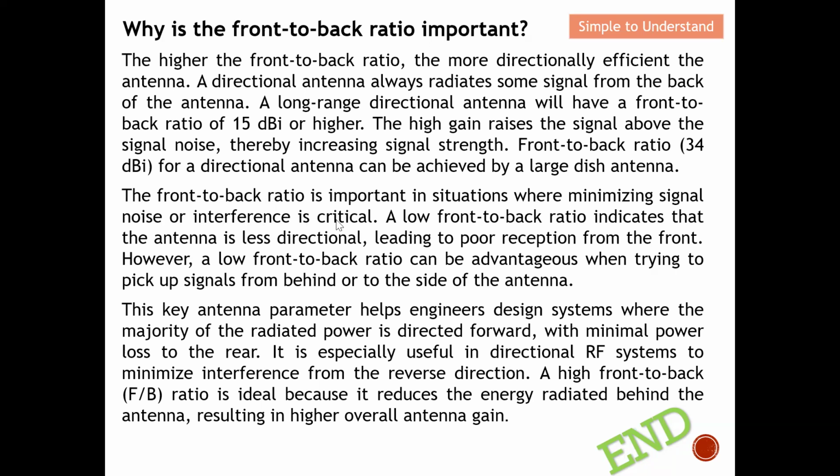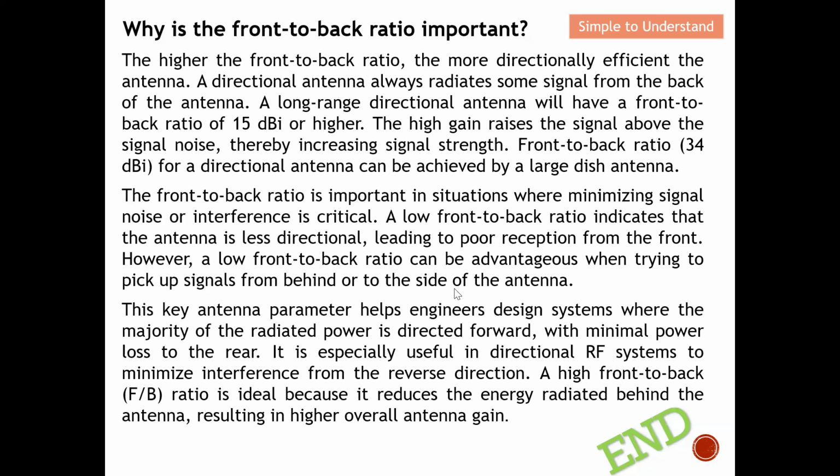So earlier on I showed you why we need this front to back ratio. A low front to back ratio indicates that the antenna is less directional, leading to poor reception from the front. However, a low front to back ratio can be an advantage when trying to pick up signal from behind or to the side of the antenna.